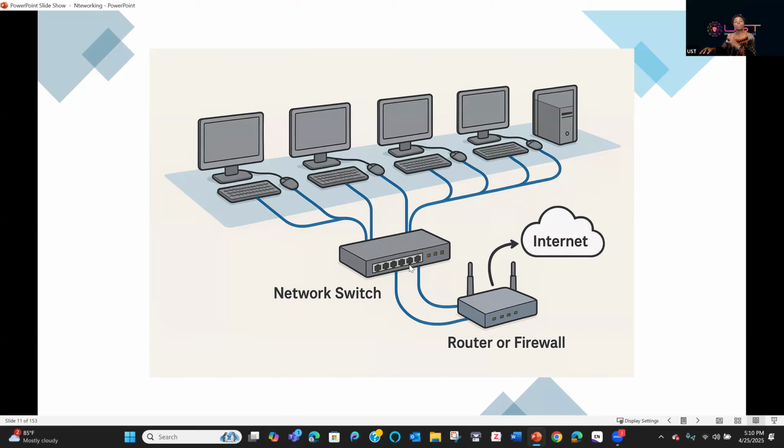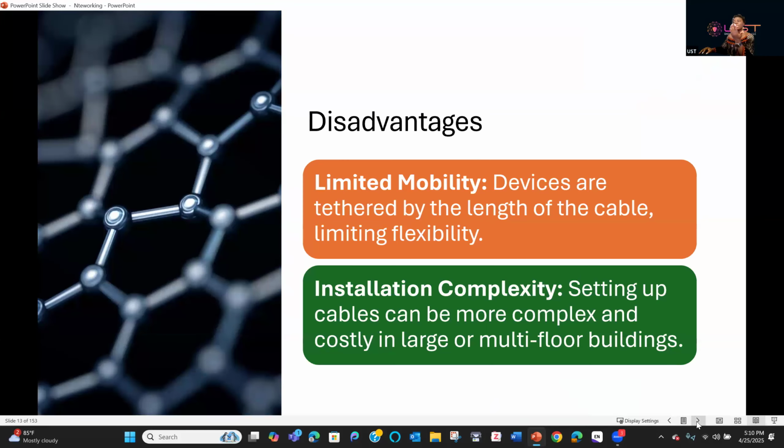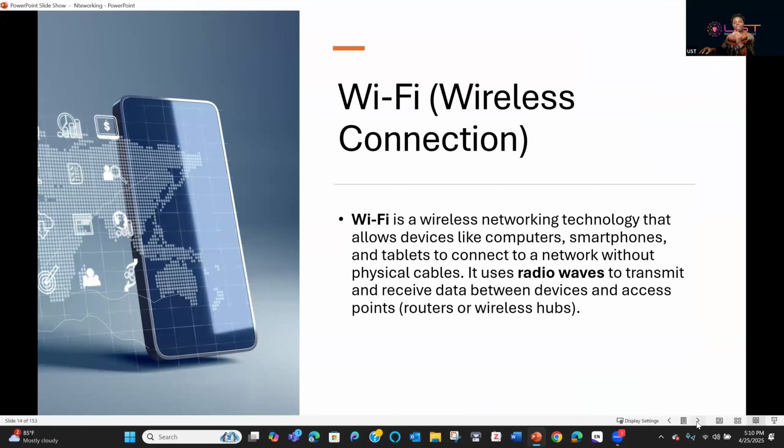This is what is referred to as an access point, and you have all these devices that we've mentioned, not necessarily just laptops, but printers, smartphones, IoT, and other devices connected to it. They transmit and receive data between devices and the access point, and that happens with the use of radio waves, which we will discuss.